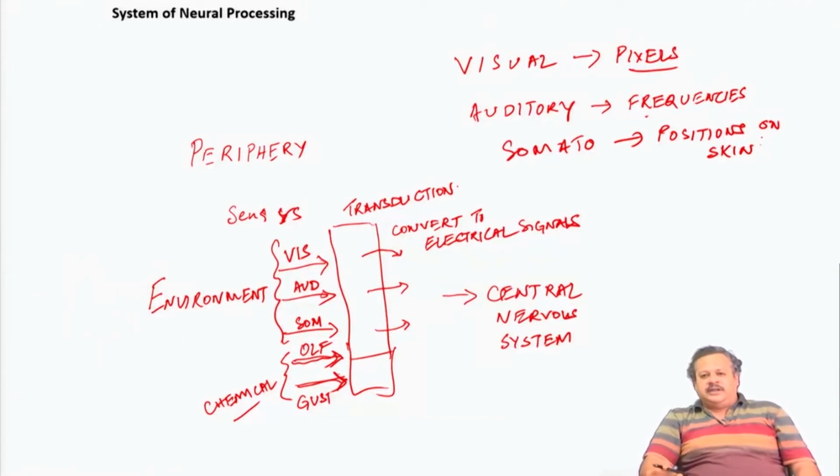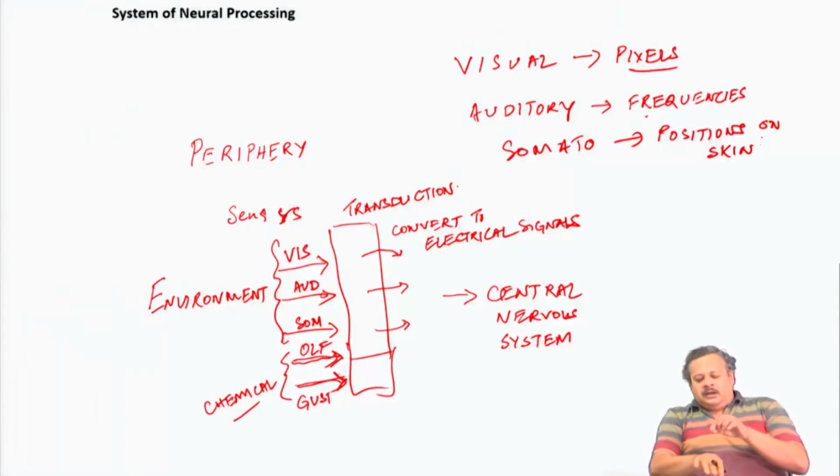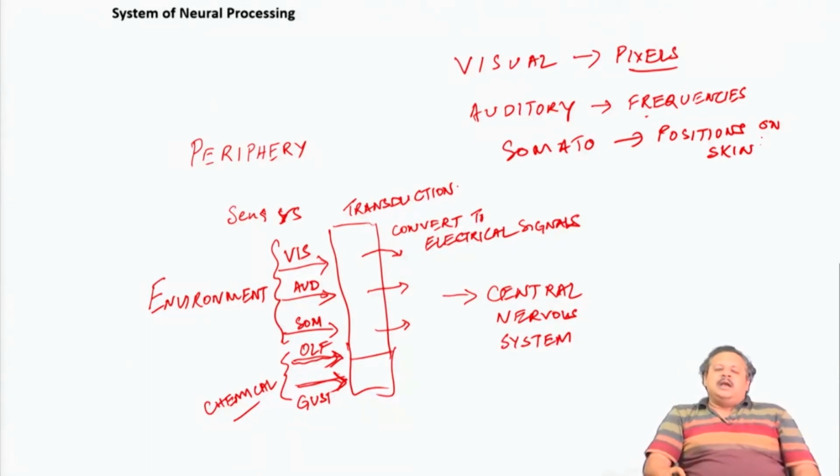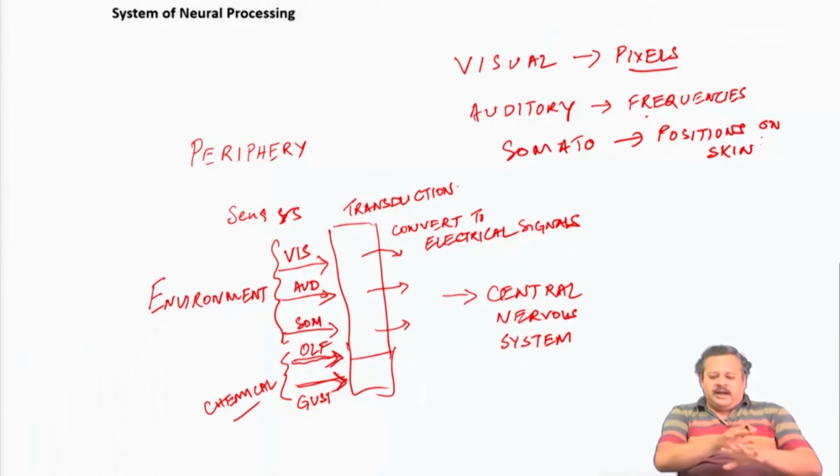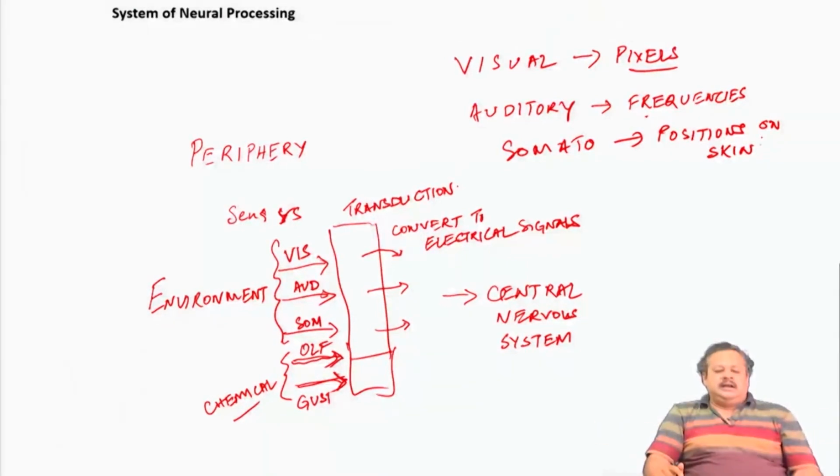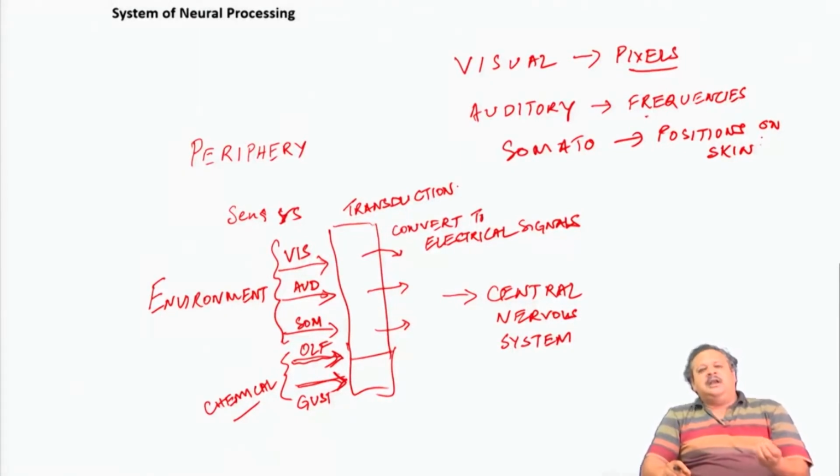All kinds of somatosensory stimulus parameters are broken down into the different spots on the skin, that is very tiny little elements throughout the entire skin. So, if we could flatten out the entire skin, then each little point on the skin has a corresponding input going into the central nervous system. So, that is also like the visual system's pixels.